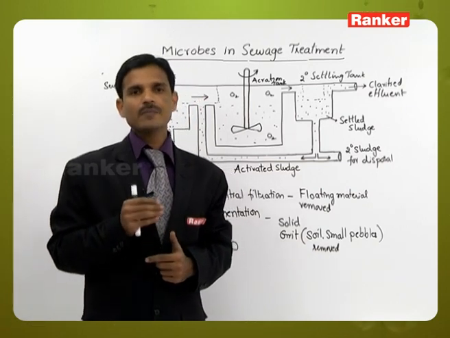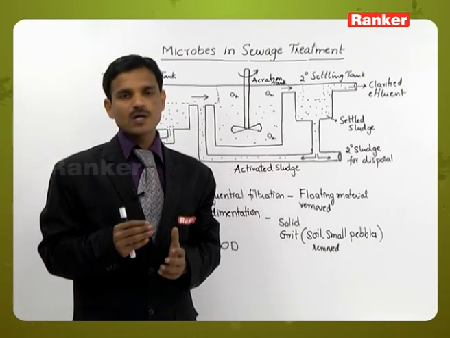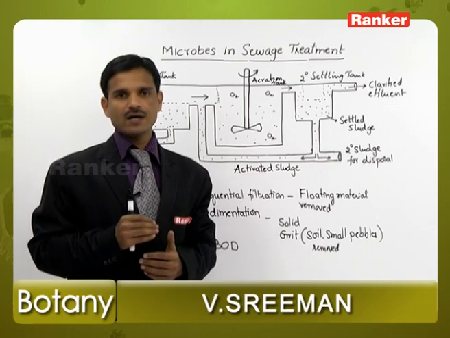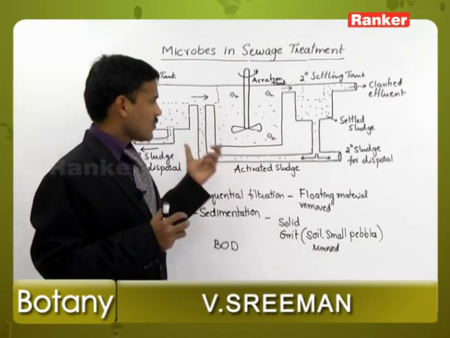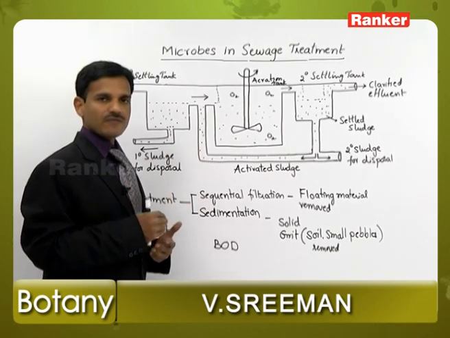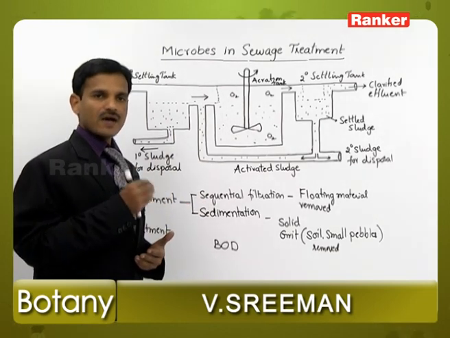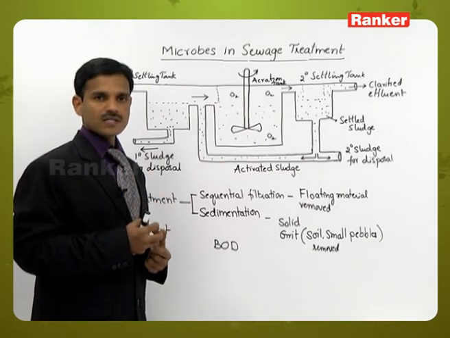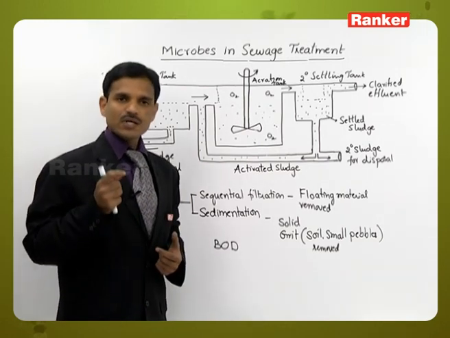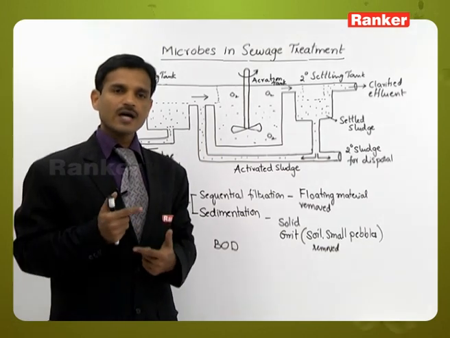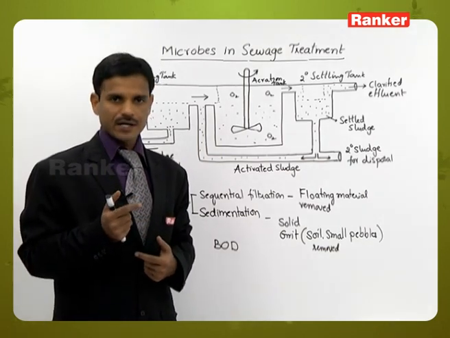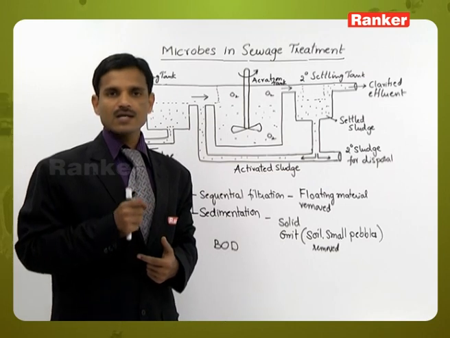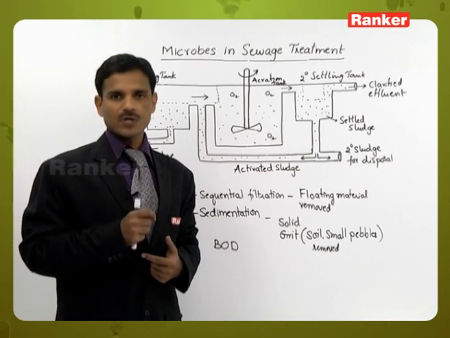If more organic material is present in the sewage, more oxygen is required for its oxidation. If it has less organic material, it requires less oxygen. So sewage water with more organic material is more polluted, and with less organic material is less polluted.